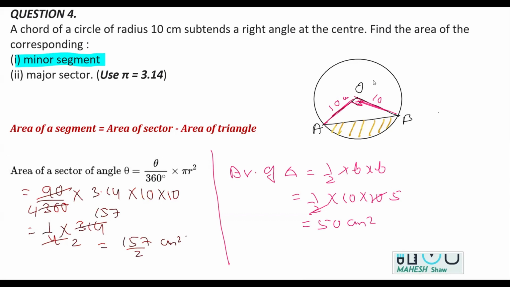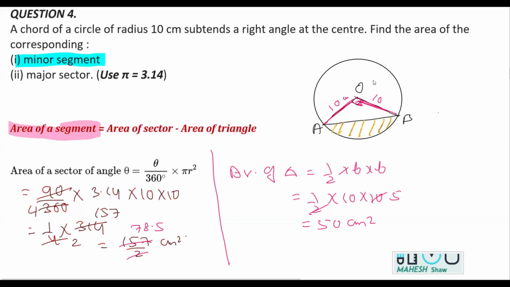So now once we got the area of this, I'm reducing the sector area first, and this is going to be 78.5. Now, as I said, in order to get the area of this segment, we have to get the area of the sector, from which we'll subtract the area of the triangle.